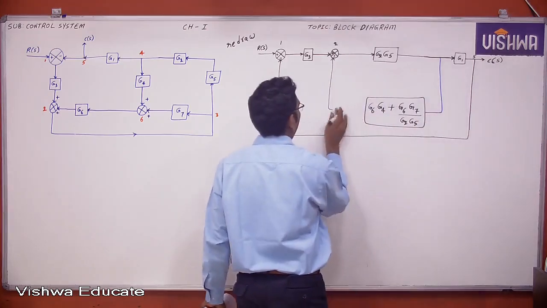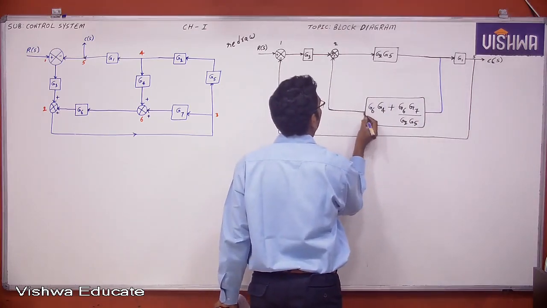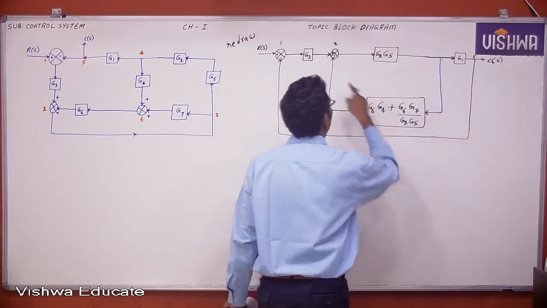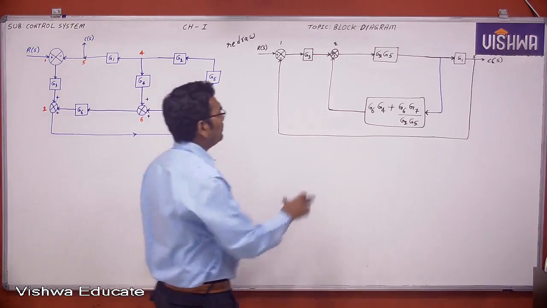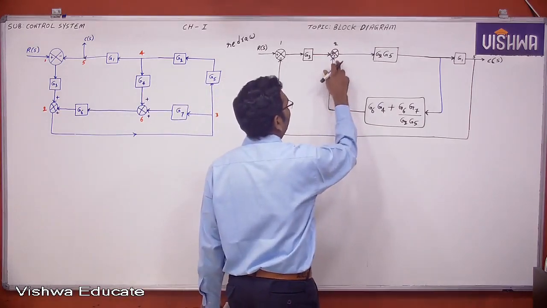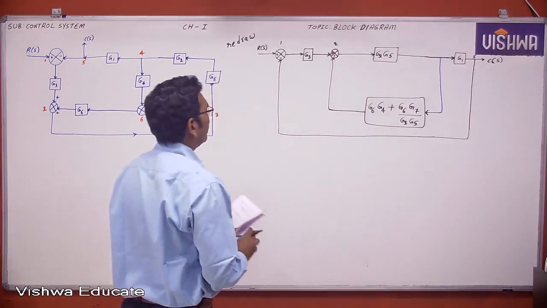Now you concentrate here. Now what happened now? This is the forward path. This is the feedback path. But which feedback is this? This is the positive feedback. Am I not? This is the positive feedback.